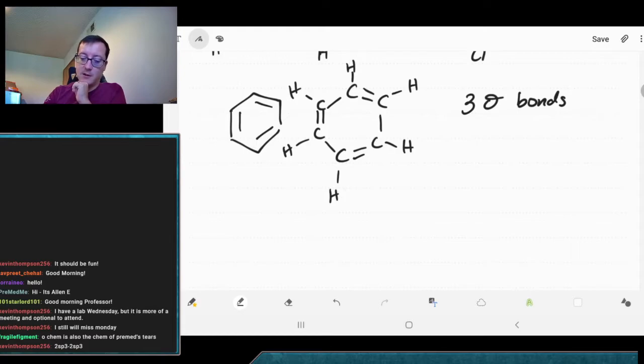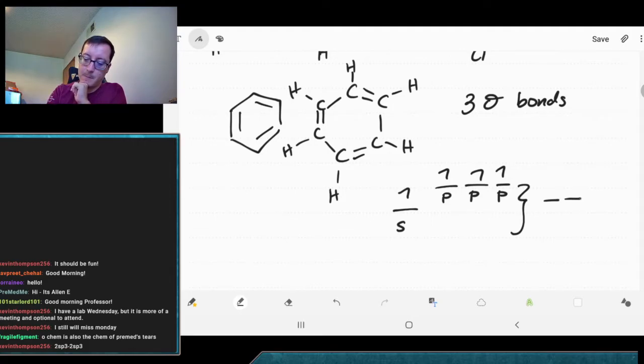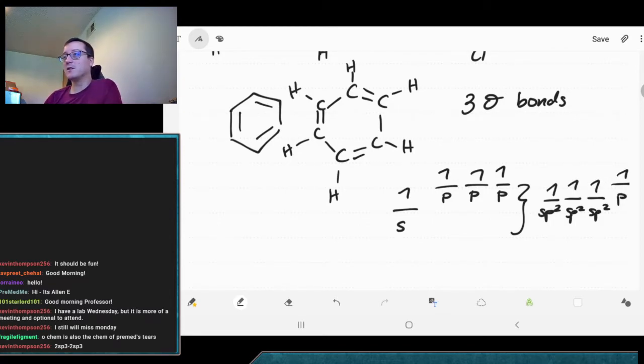that means they're going to only need to hybridize. Let me give myself a little more room here. If we only need 3 sigma bonds, we only need to hybridize some of them. We're going to leave one of our p's out, because p orbitals do not make sigma bonds.